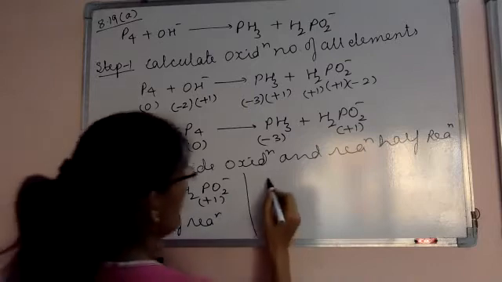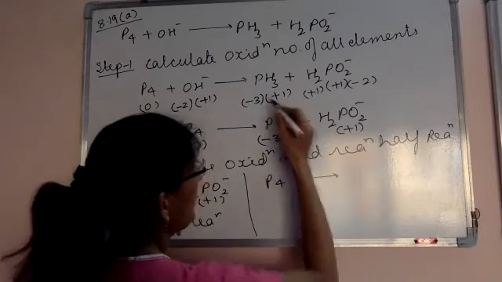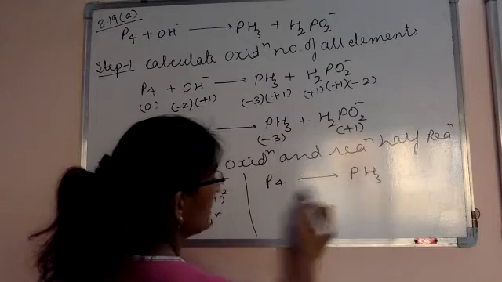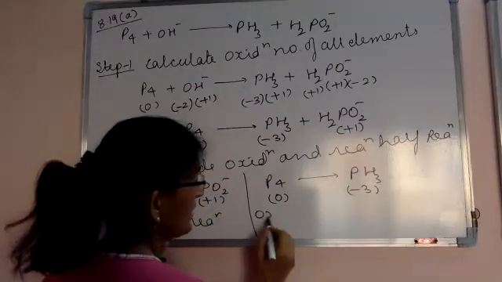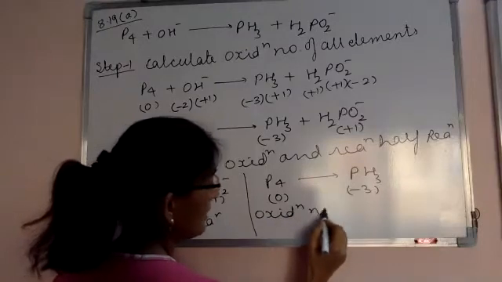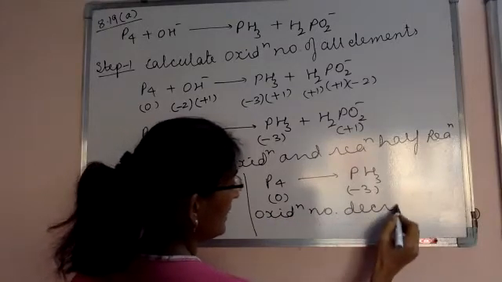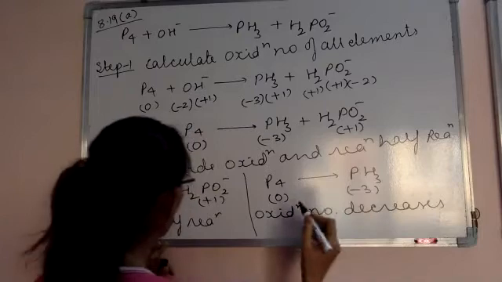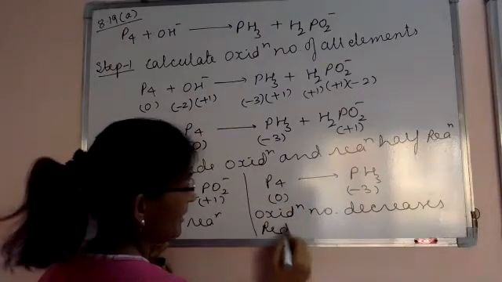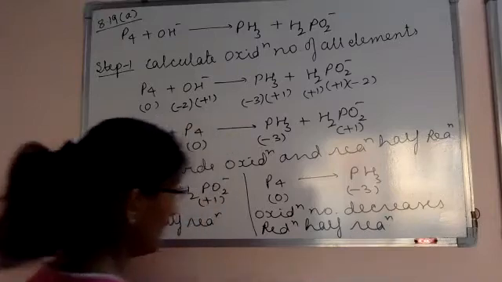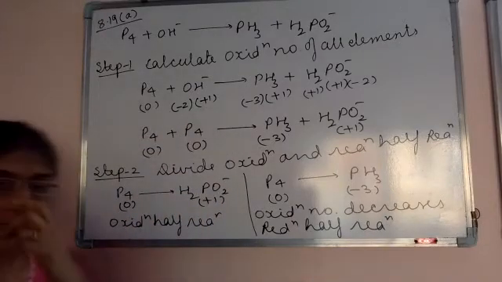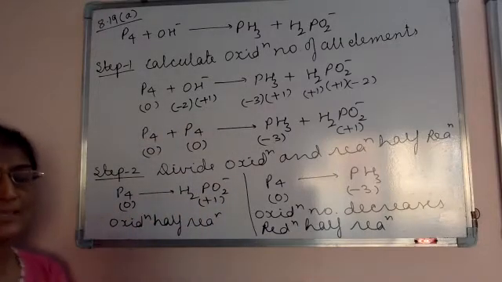And in the second one, P4 to PH3. Oxidation number 0 to minus 3. As oxidation number decreases, it is reduction half reaction. So what we did, we just divided this equation into 2 parts.